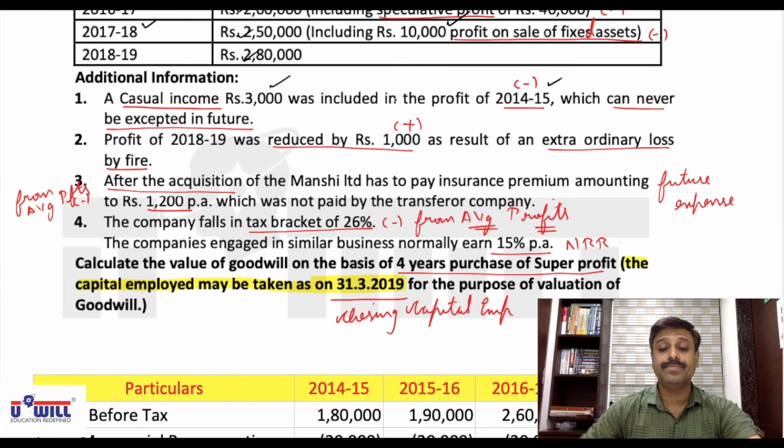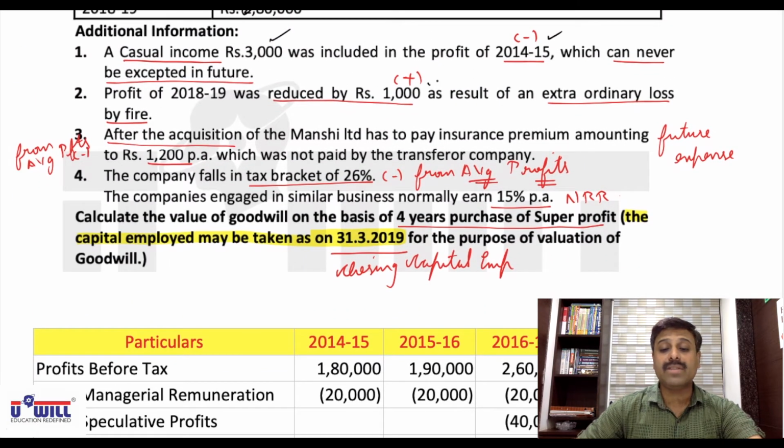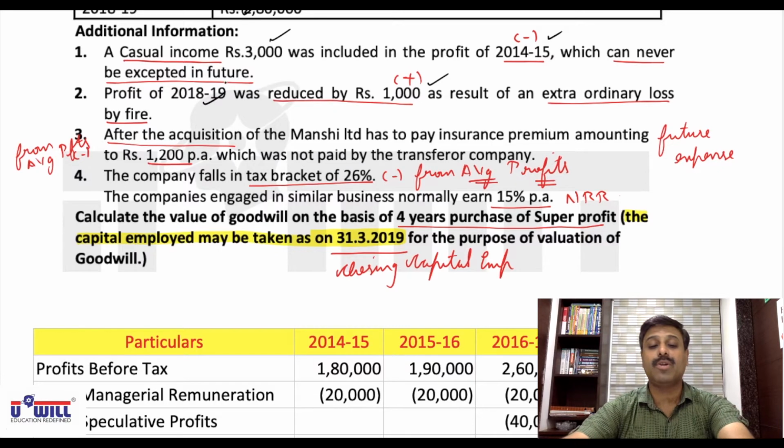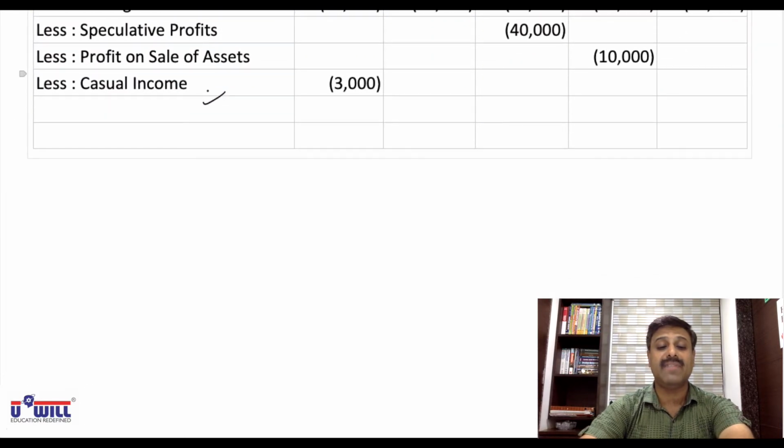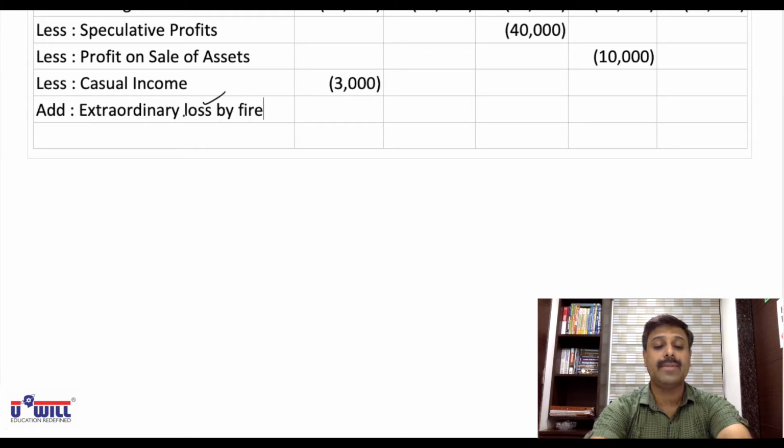Then 1,000 we have to add in 18 to 19's profits as extraordinary loss by fire. So now this we have to add, extraordinary loss by fire, 1,000 in 18 to 19's profits.